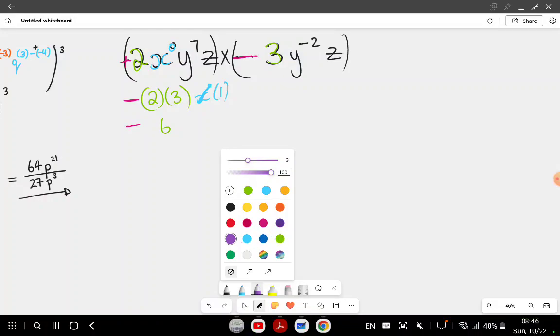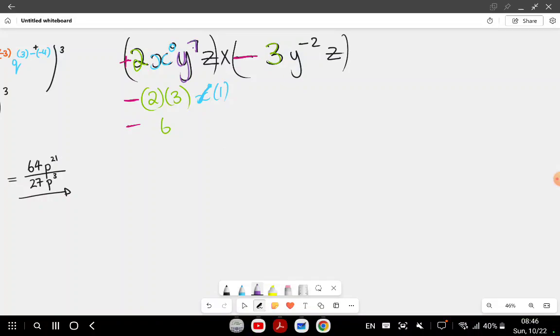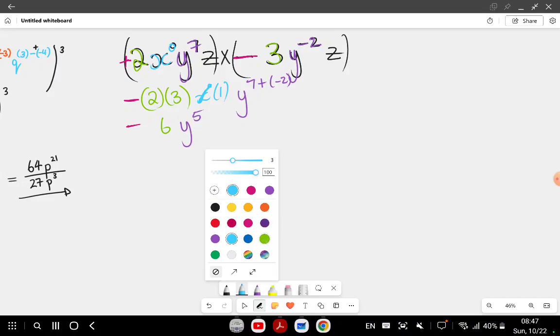Next up, I have y to the power of 7 and y to the power of -2. Because I'm multiplying, I add the exponents: 7 plus -2, that gives me y^5. And then lastly, we are going to deal with the z.